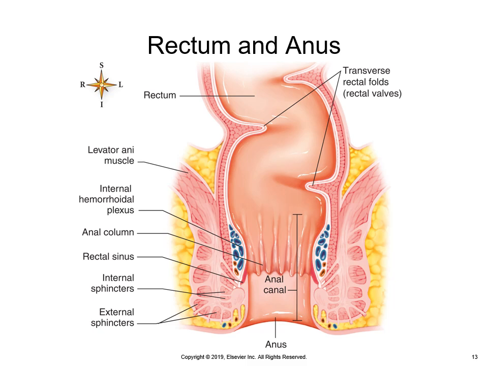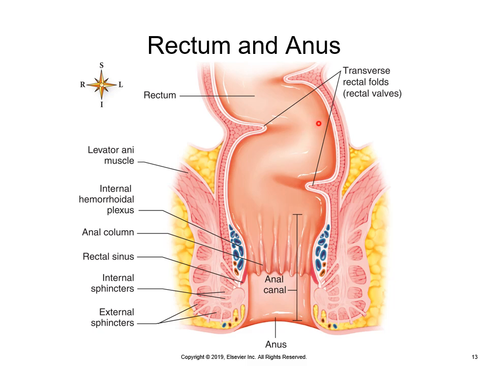So if we're looking at this particular picture, in terms of the rectum, it's about 12 to 15 centimeters long, and that's the temporary storage site for the feces before we eliminate it from the body.